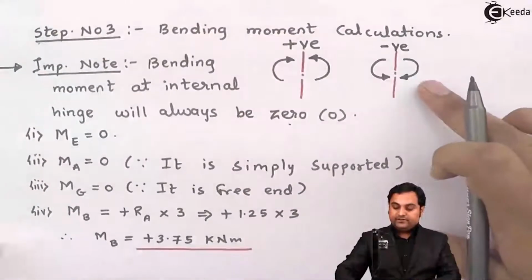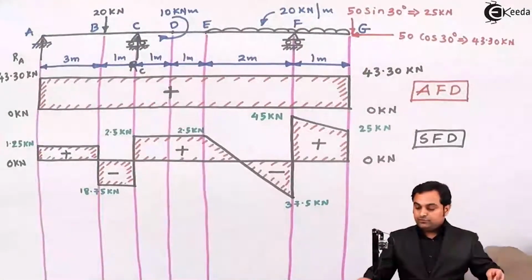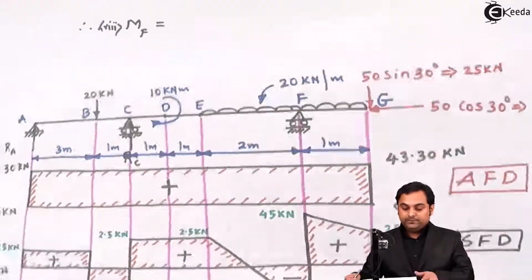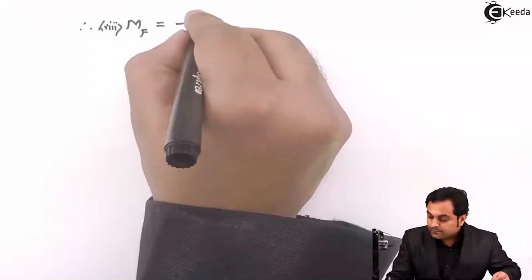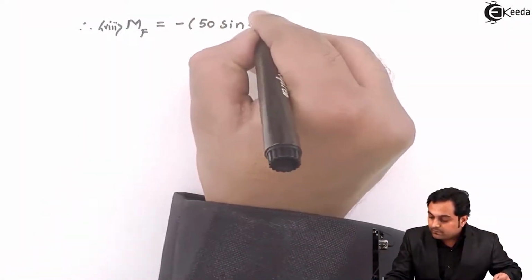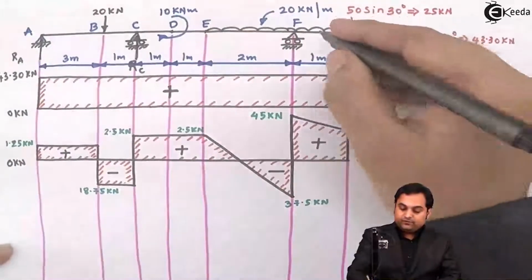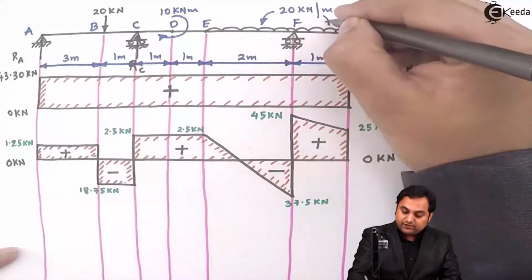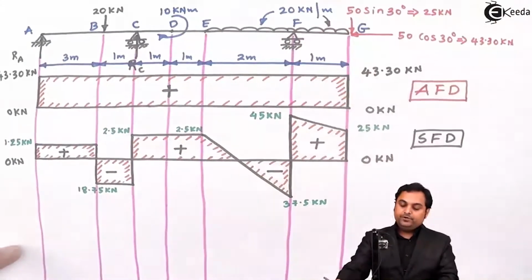Clockwise moment on right hand side is negative. So minus 50 sine 30 into 1. Then the F to G portion also has the same UDL, 20 kilonewton per meter.